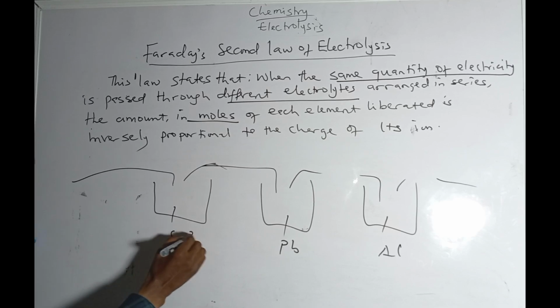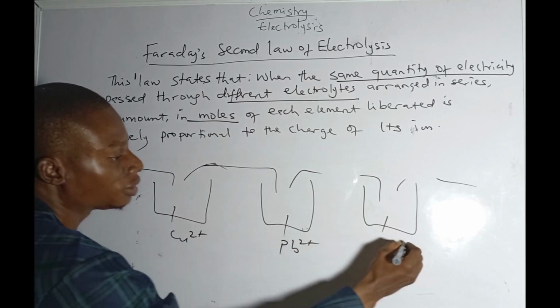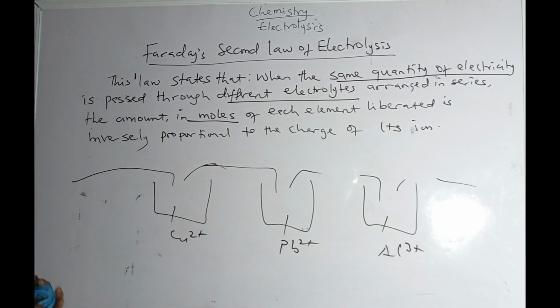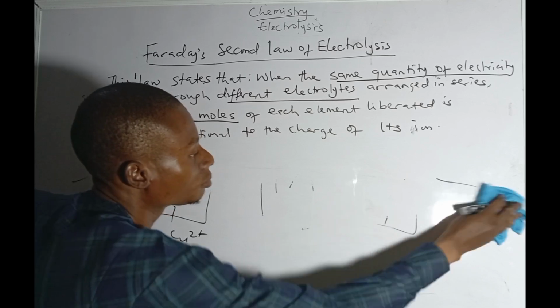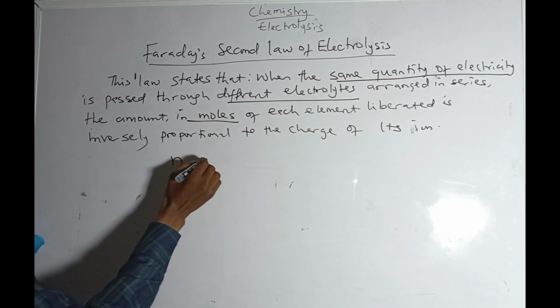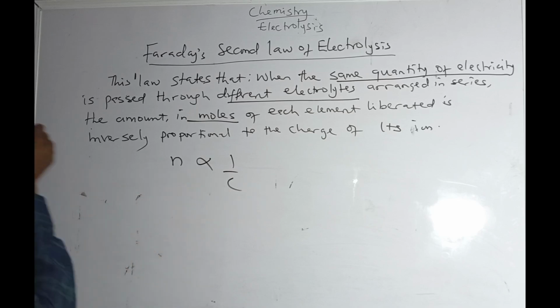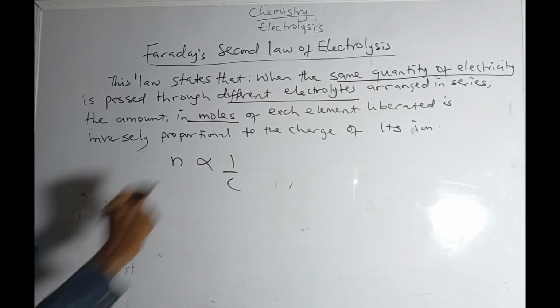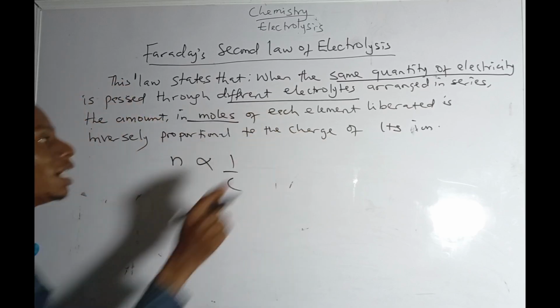Like this one is Cu2 plus, so 2 plus, this one is 3 plus. So what we are saying here is that the number of moles is inversely proportional to the charge of the element liberated, for the same quantity of electricity passed.